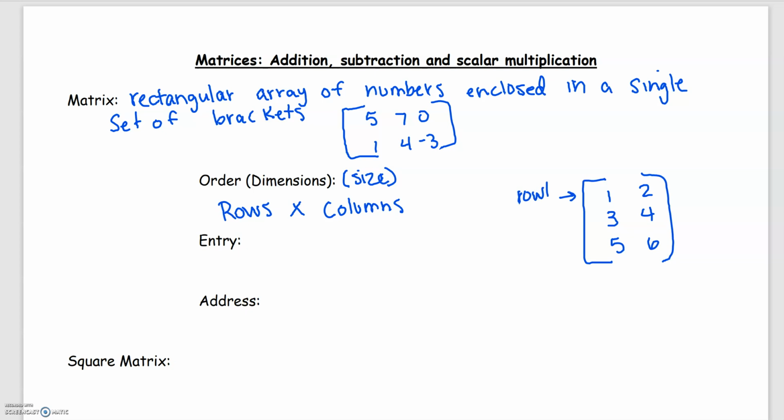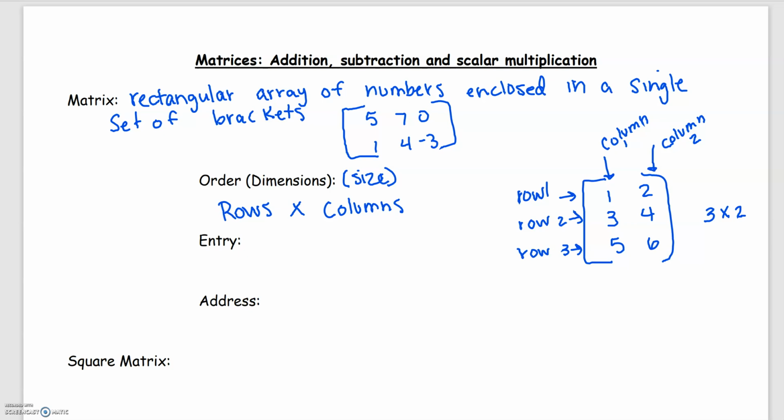So row 1, row 2, row 3, and then up here we would have columns. Column 1, and here column 2. So this would be a 3 by 2. 3 rows, 2 columns. So that's its order or dimension.